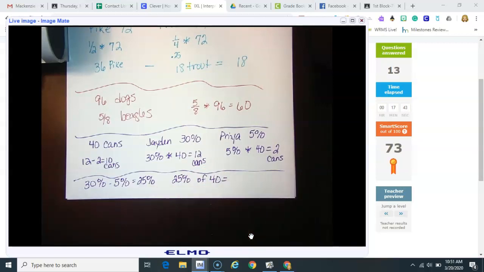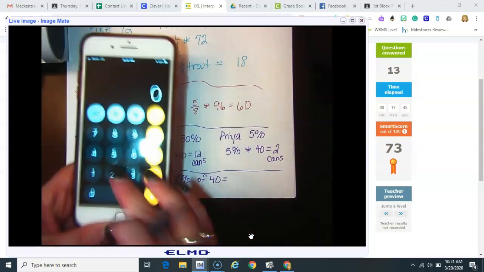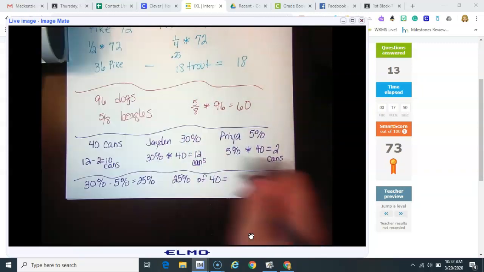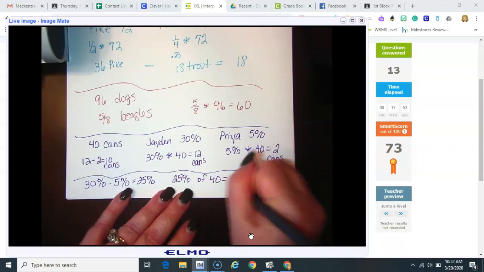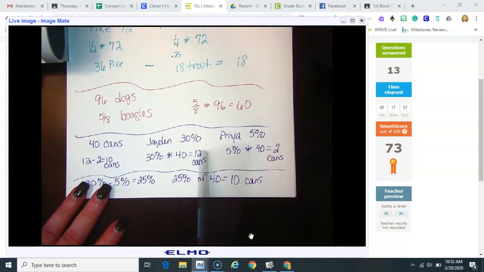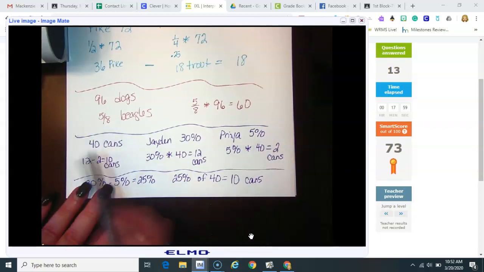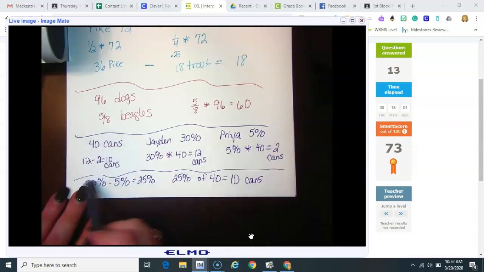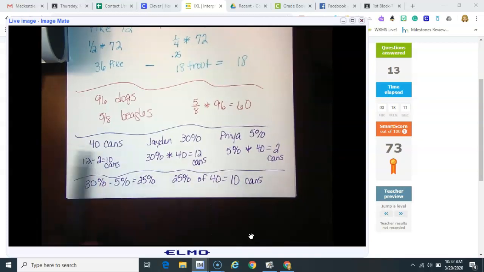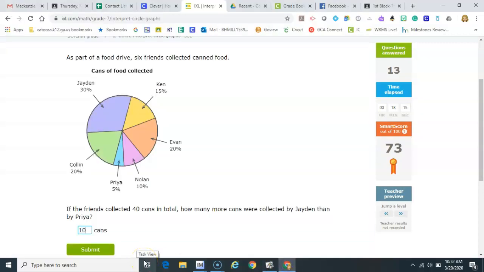And I could do it that way. 25% times 40, and I still get 10 cans. Either way works. Here you did your multiplying first and got the number of cans, and then you subtracted. Here I subtracted first and got the percent difference, and then I could use that percent difference to find 10 cans. Either way you want to do it, that is perfectly acceptable. So let's go back. 10 cans.